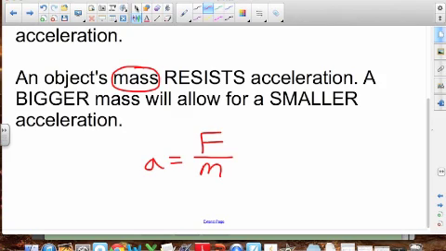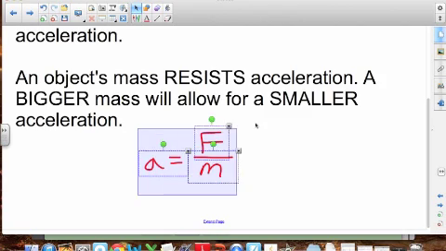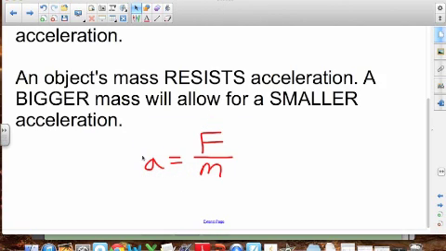And this is Newton's second law as an equation. The acceleration that an object experiences is equal to the net force, and I need to be very careful about this, the net force acting on the object divided by the object's mass.